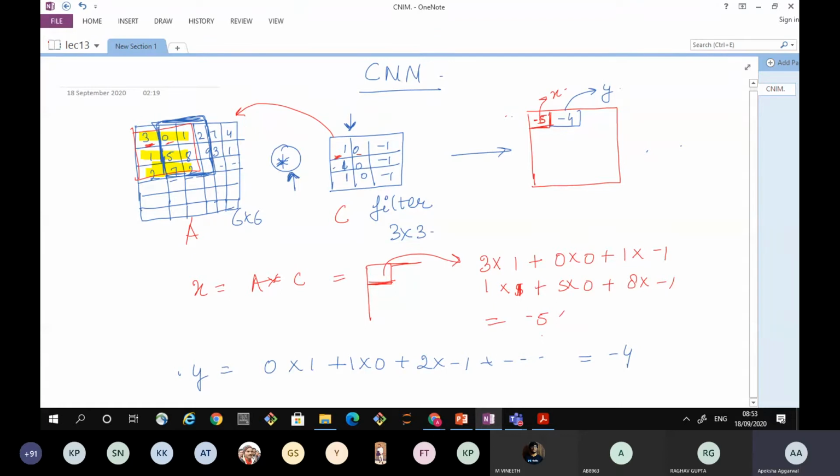If I'm putting my second filter over here, I'll get my second value. If I'm putting the third filter over here, I'll get my third value, and the fourth filter, my fourth value. So let's say this is Z1, Z2, Z3 and Z4.